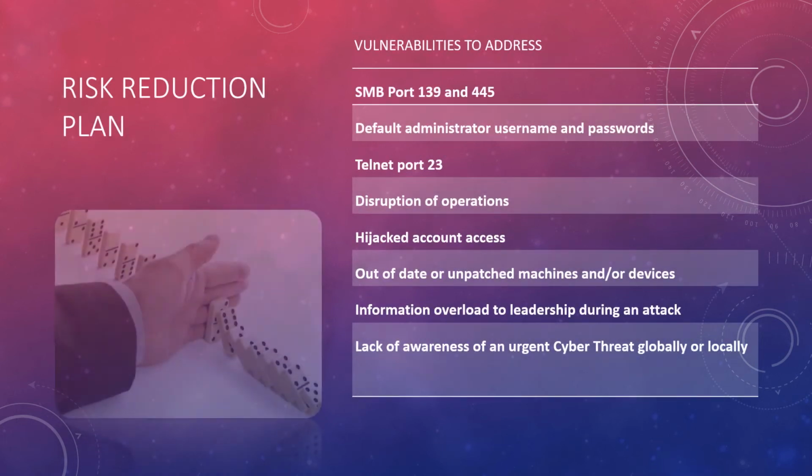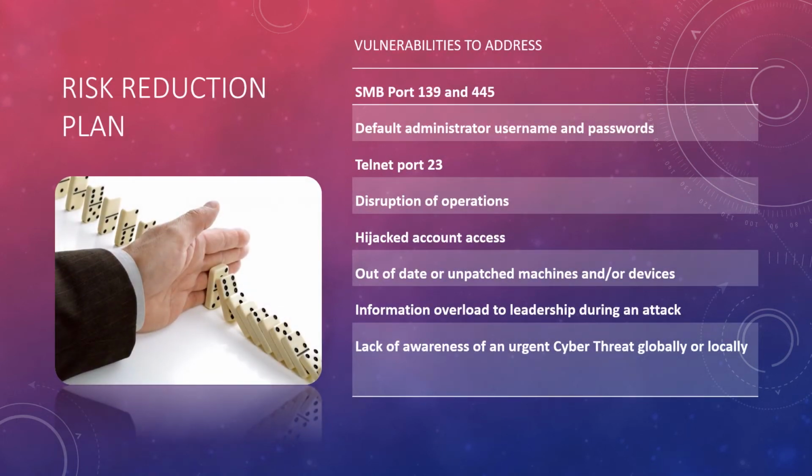To reduce the risk of these type of attacks occurring and being successful on our network and within our organization, we would want to do the following to address these vulnerabilities which were discovered during those 3 recent attacks. We would want to close or restrict access to SMB network protocol port 139 and 445.